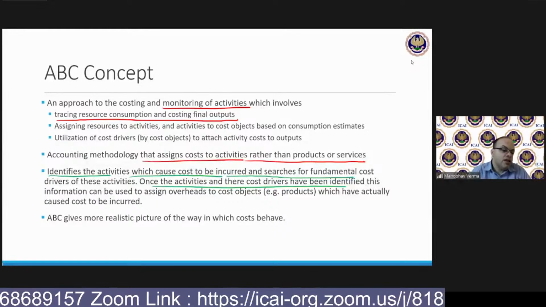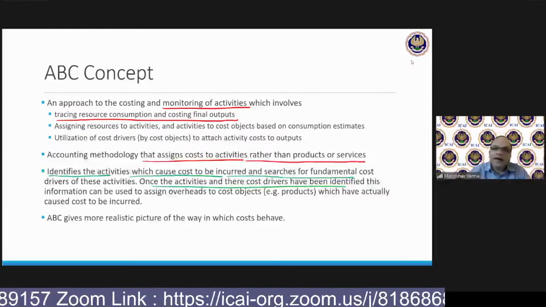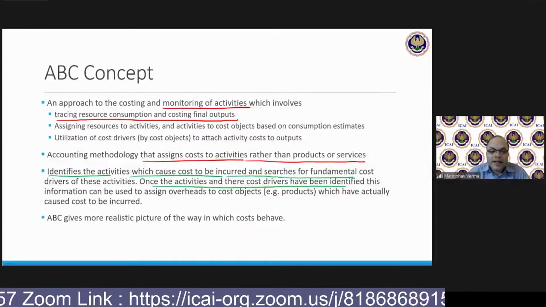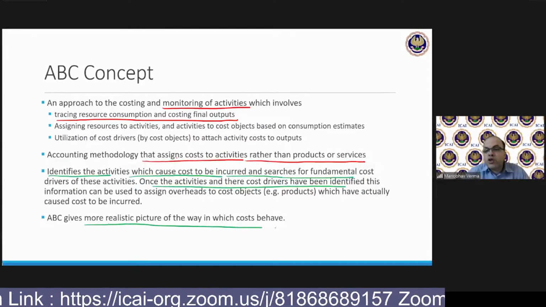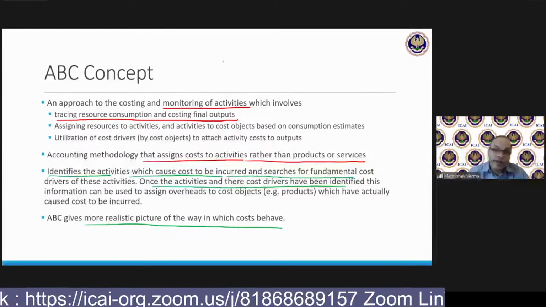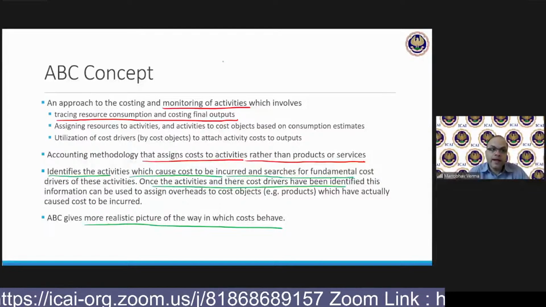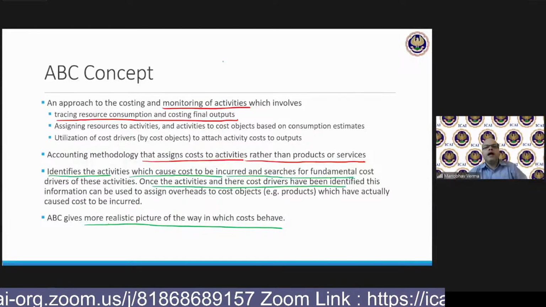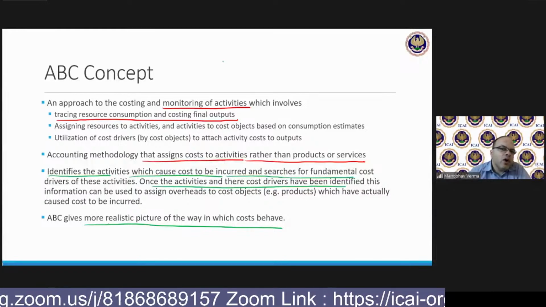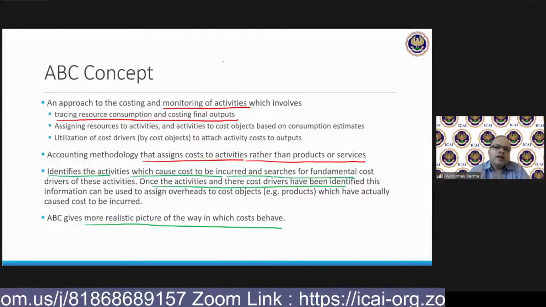In a nutshell, the last line hits the nail: it is giving us a more realistic picture of the way in which costs behave, guys. More realistic picture.